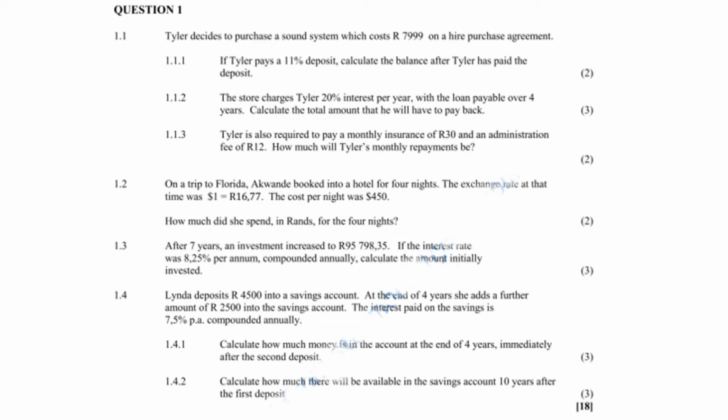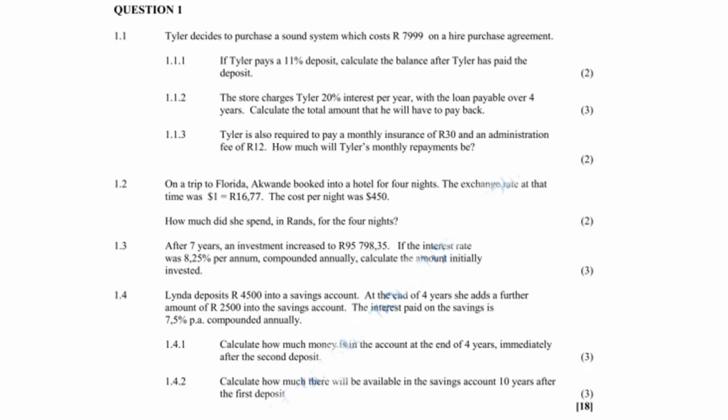Question 1, we have 1.1, which says Tyler decides to purchase a sound system which costs 7,999 rands on hire purchase agreement. Right, so here we're told about Tyler, who has purchased a sound system on hire purchase. What is hire purchase?